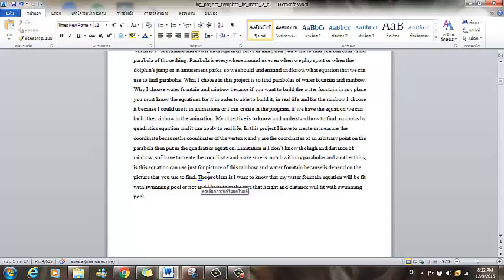So the problem is I want to know whether my water fountain equation will fit with my swimming pool or not, and I had to make sure that the height and the distance will fit with my swimming pool too.